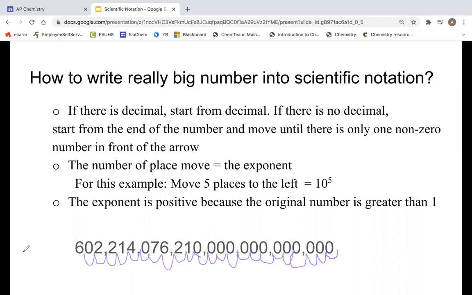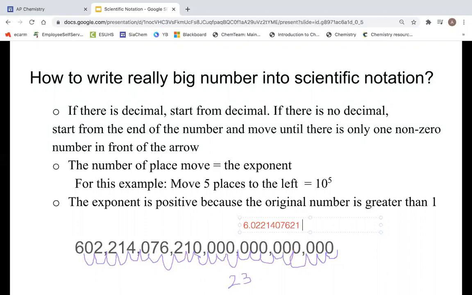So you can see here how many places it's moved. It's moved 23 times. After it's moved 23 times, what did you get? You get 6 point, because the decimal is now right there, then 0, 2, 2, 1, 4, 0, 7, 6, 2, 1. That's what you have.